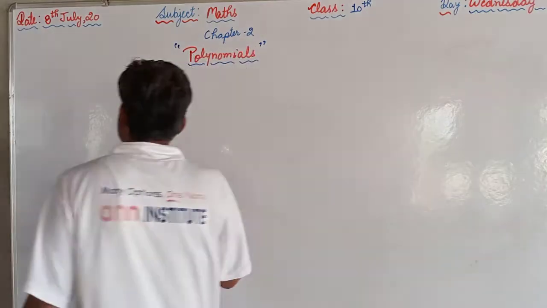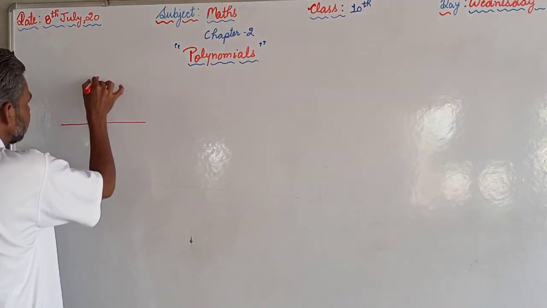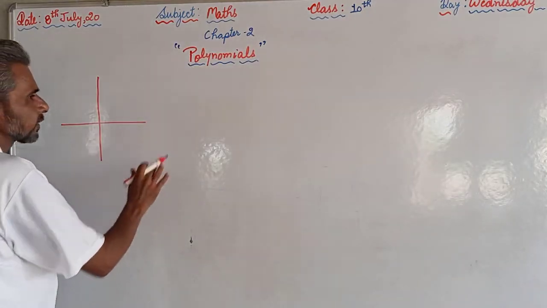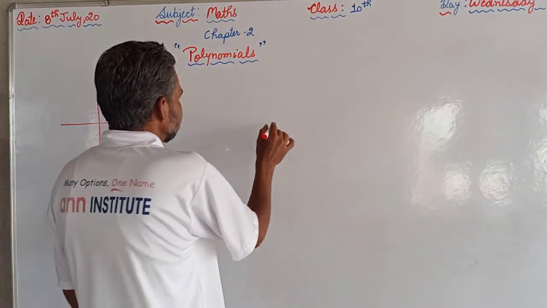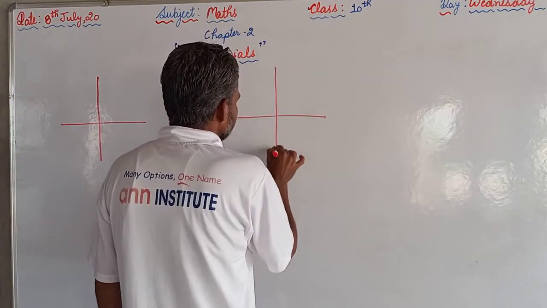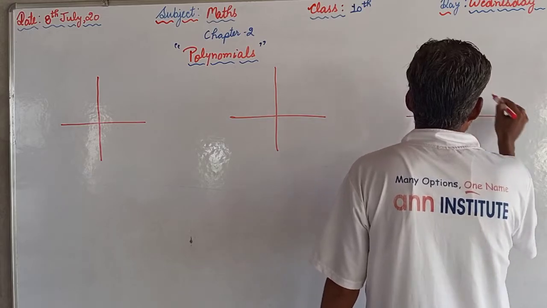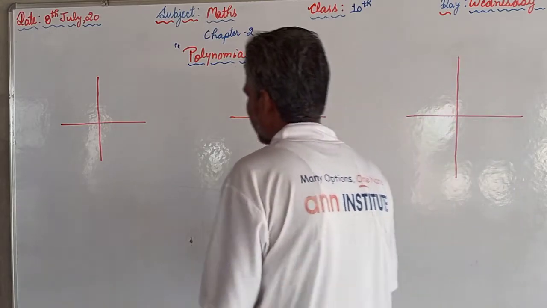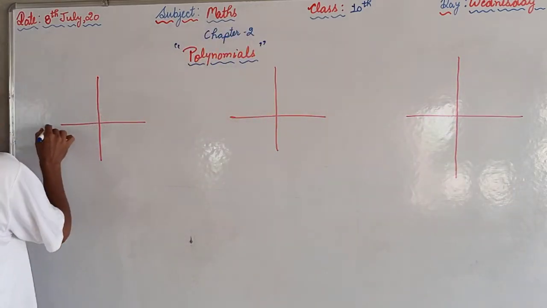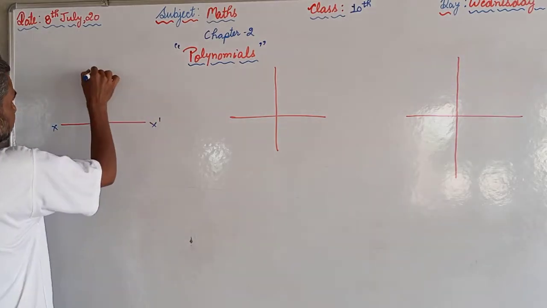So if the graph is like that, in the graph we are having the x-axis, we are having the y-axis as well. This is the x dash y.